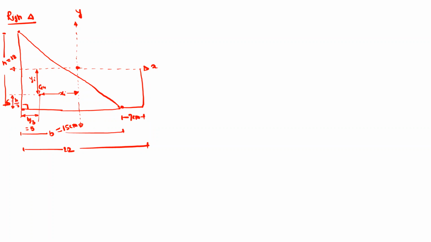Okay. But we want the distance of the centroid with respect to x and y axis. So to find out this x coordinate, that is the xi. So for the right angle triangle, its area is equal to 1 by 2, base is 22, sorry, 15, and height is 18 centimeter.